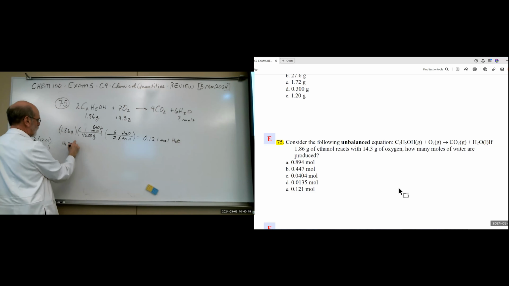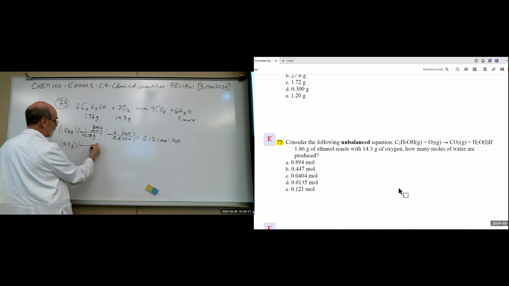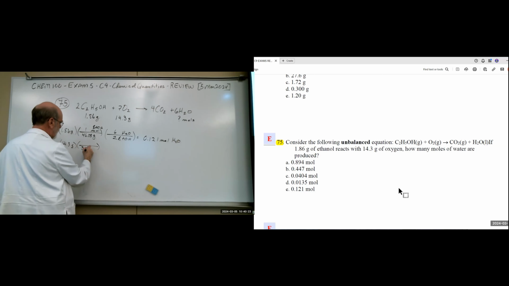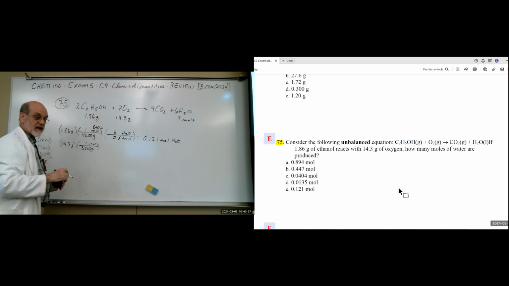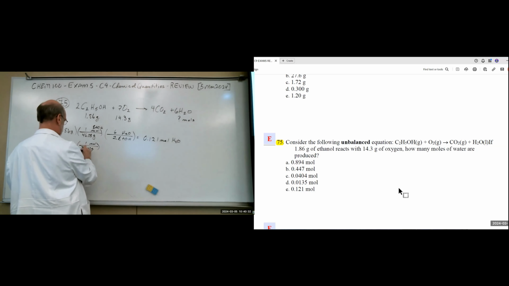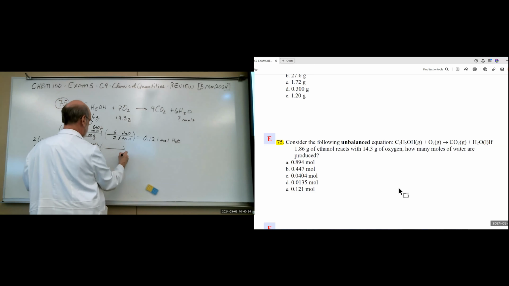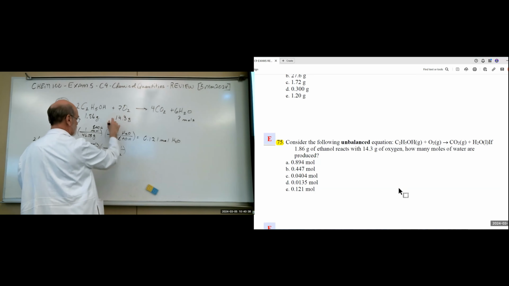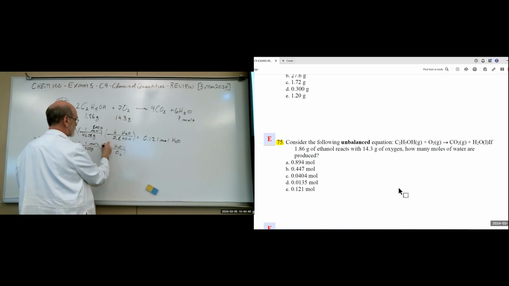Then we're going to do oxygen. 14.3 grams of oxygen converted to moles, 32 grams per mole for oxygen, because each oxygen is 16. All right, now we're going to convert that to water. And we have 7 here and 6 there.